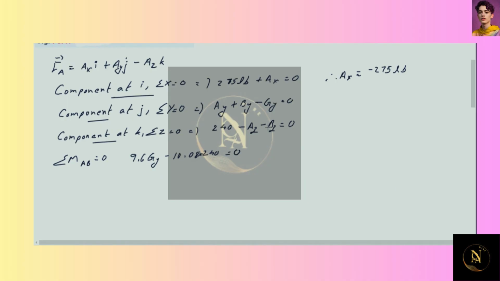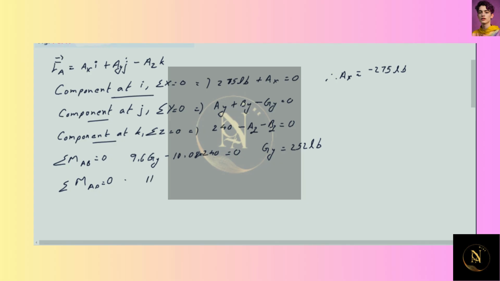So here the unknown is Gy. The value of Gy will be 252 lb.